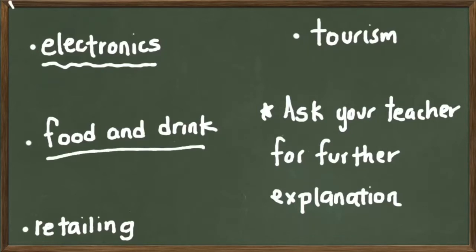We also have food and drink. Well, there's a big variety of examples here. We can talk about dairy, or the creation of beer, wine, etc. We also have retailing. Retailing.